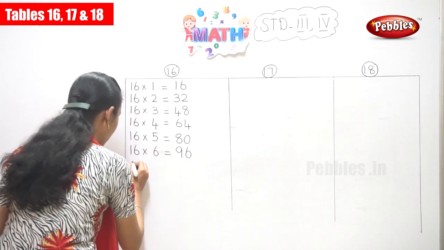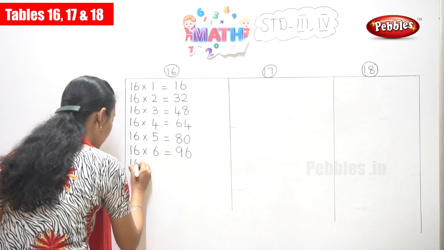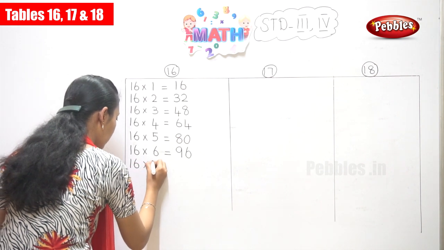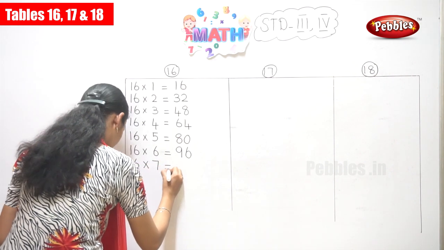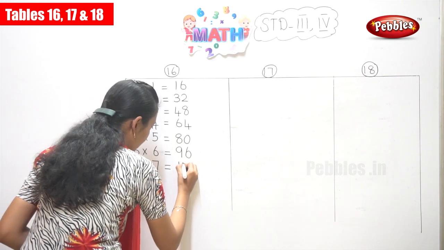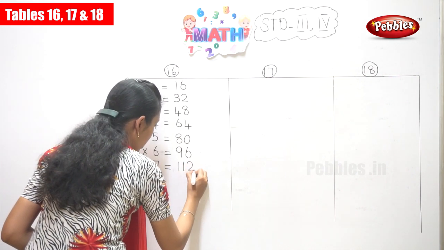Okay, children, 16 into 7 is equal to 112.